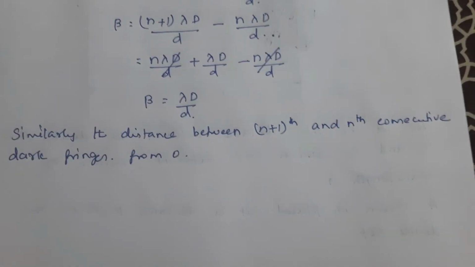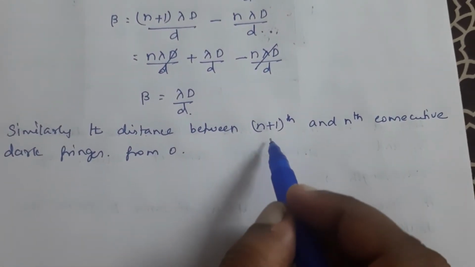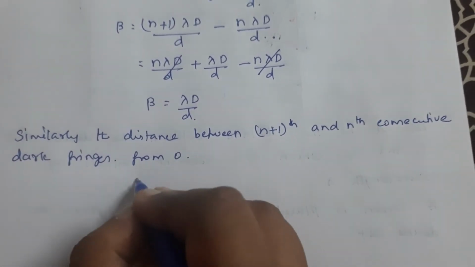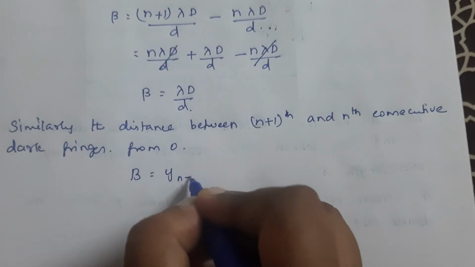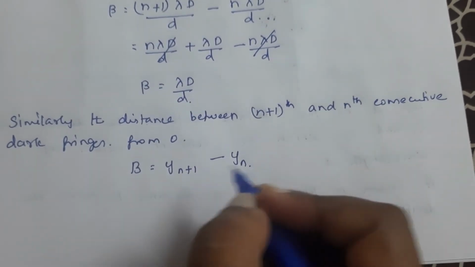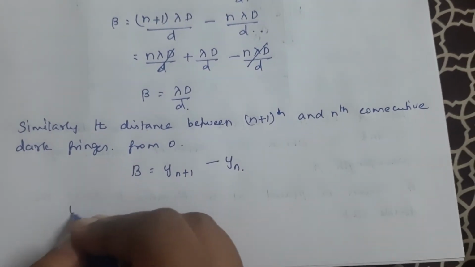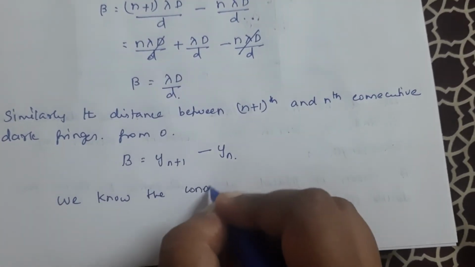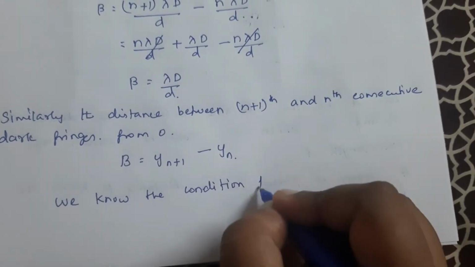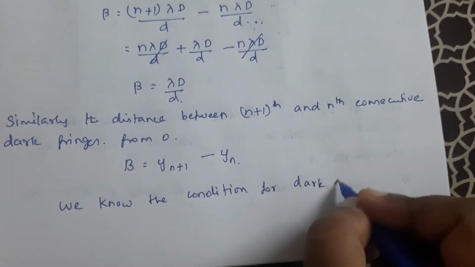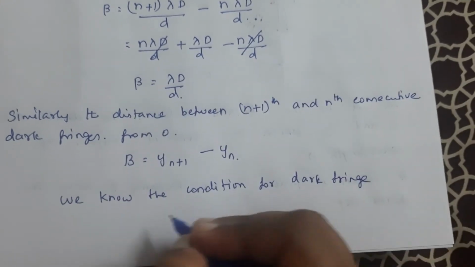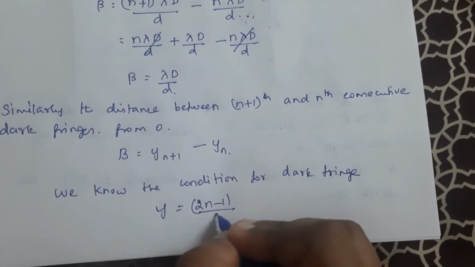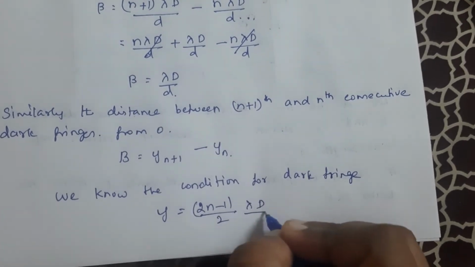We can go for finding the distance between the n plus 1th and nth consecutive dark fringes from O, which can be written as beta is equal to y n plus 1 minus y n. We know the condition for dark fringe: y is equal to 2n minus 1 by 2 lambda D by d.